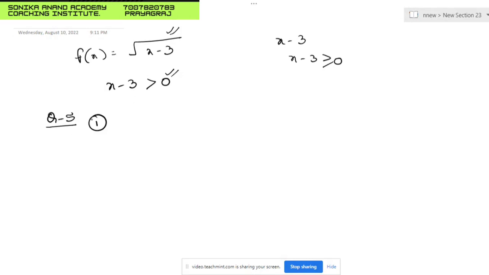First part: f(x) is equal to 2 minus 3x, where x belongs to the real numbers and x must be greater than 0. It is the condition given to us. Now here we have to find the range. So how will we find that?